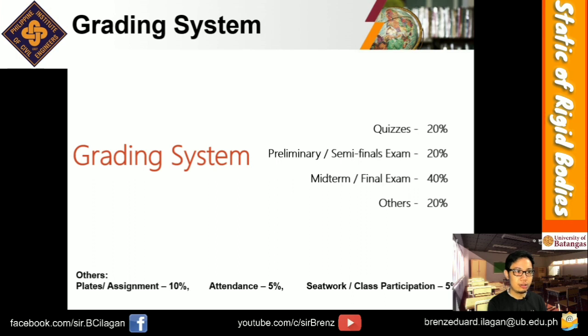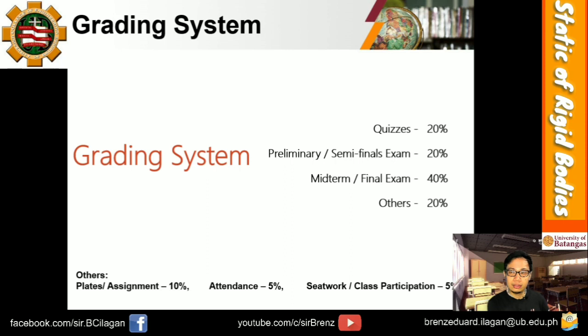Nakapasa ako ng board ng November. Kami po yung second batch na nag-take ng 100 items na exam. Para sa akin, mas okay yung 100 items since ang UB ay kilala sa pagiging mahigpit bago makapag-board, so sanay na kami na maraming problems yung sinosolve. Bago kami isabak sa board exam, train talaga.